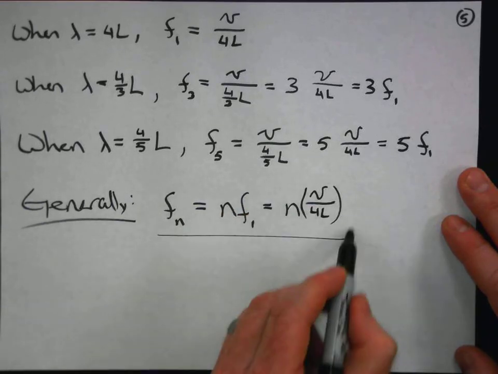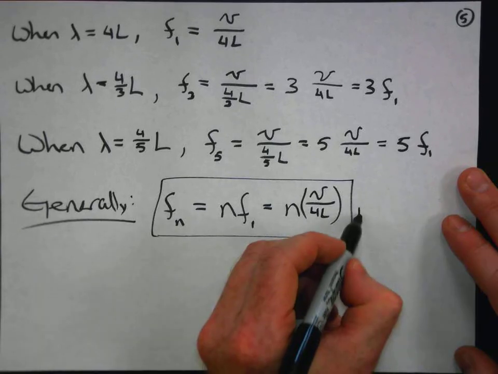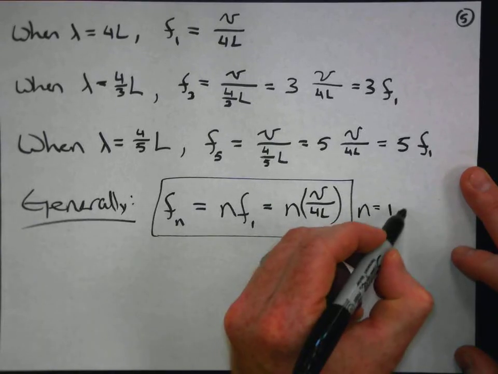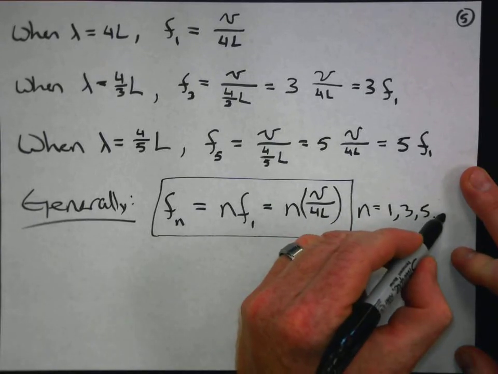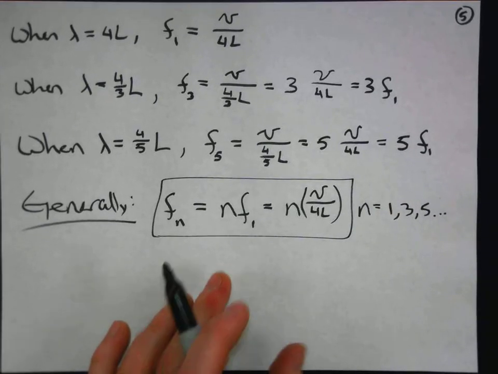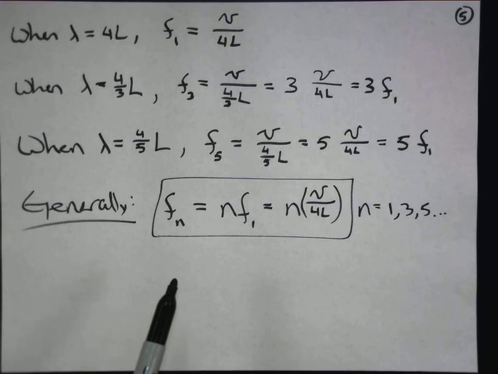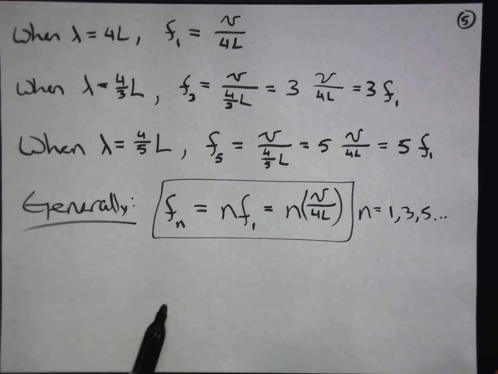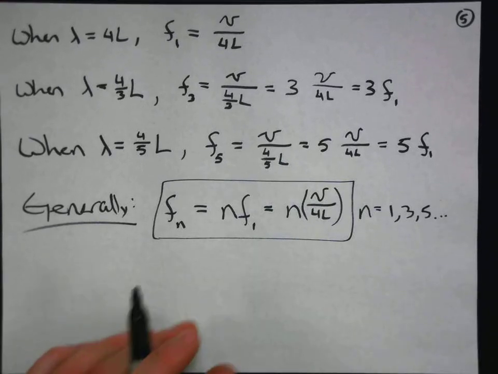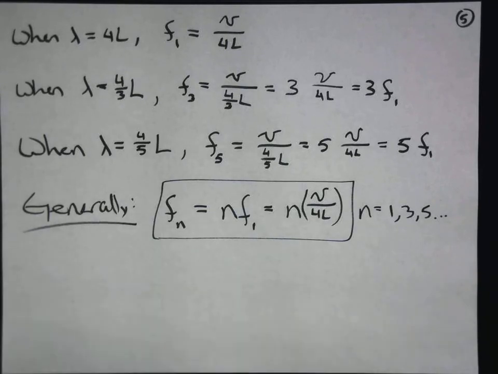And this is when n is equal to 1 or 3 or 5, and so on. Because you simply don't get the even numbers. It's only the odd harmonics that show up. You cannot create a standing wave in a column of air that is closed at one end that is the second harmonic or the 4th harmonic.